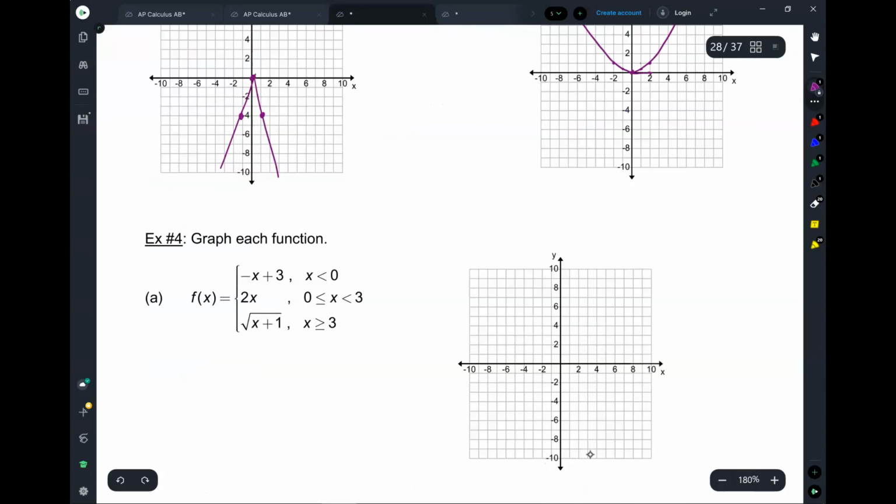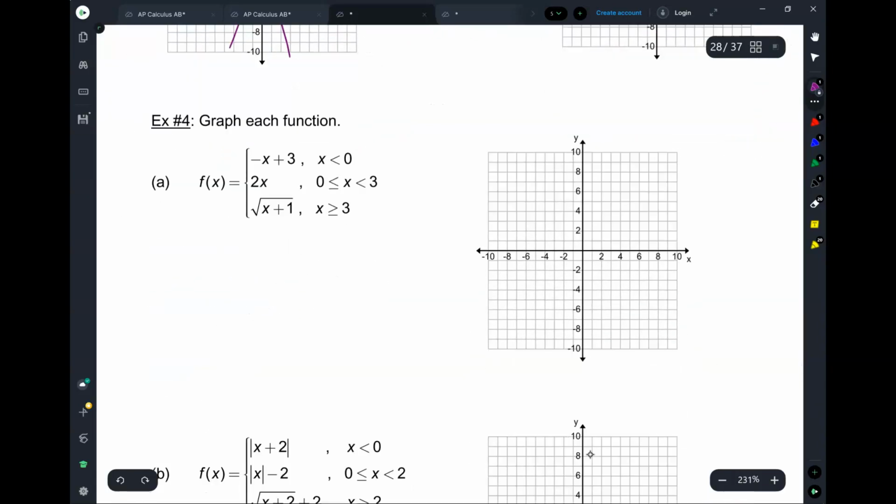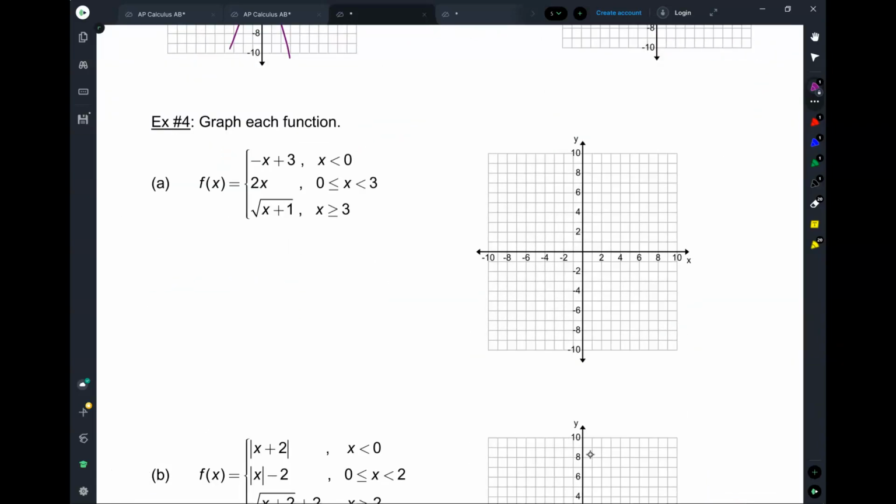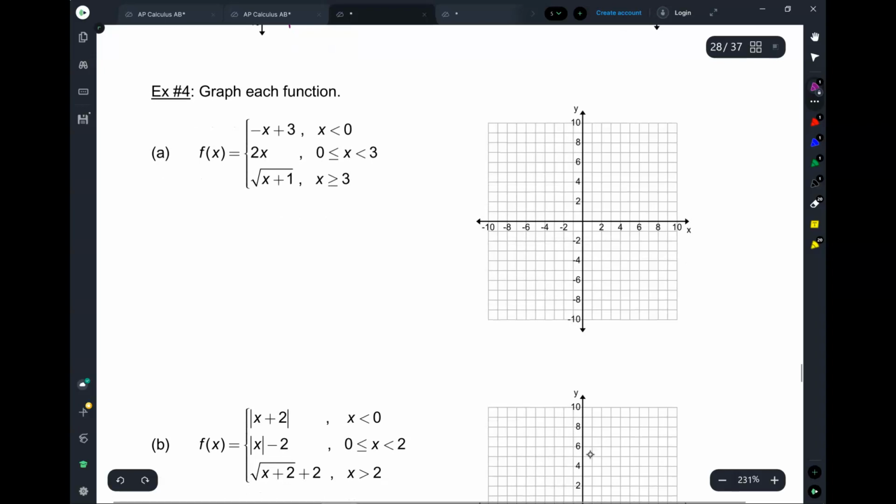All right, next. Let's do this one. So f of x is a piecewise function. This time we're not going to draw the partitions. We're past that. First function here: y equals negative x plus 3.